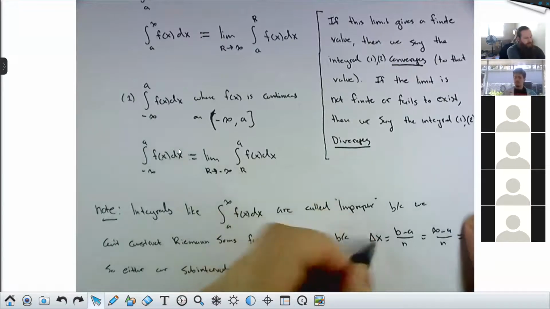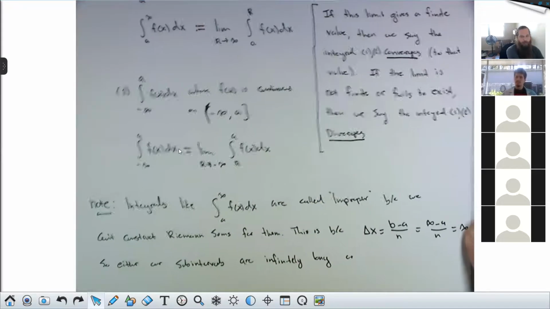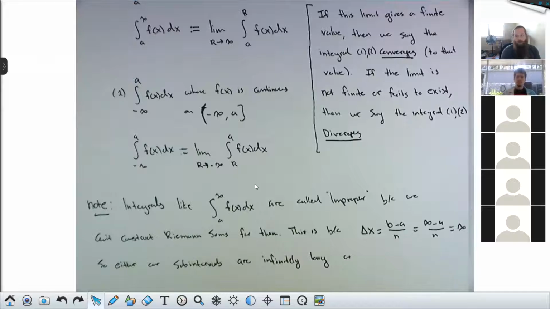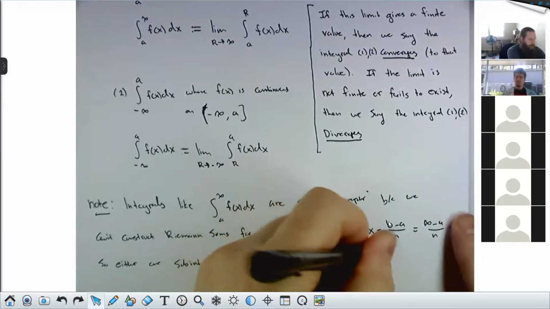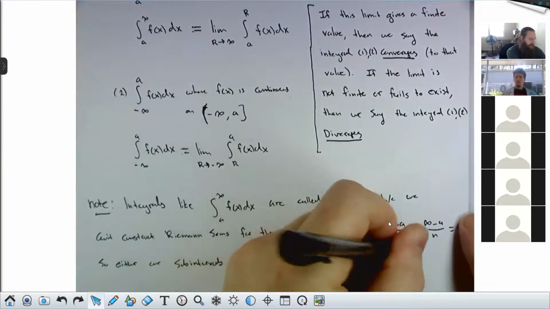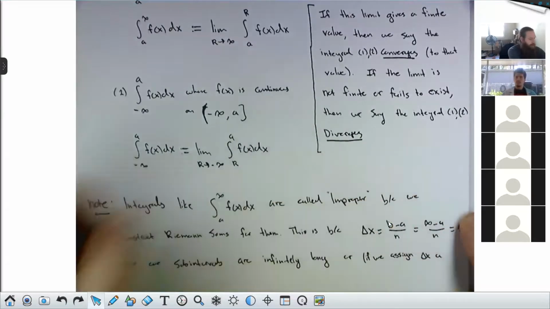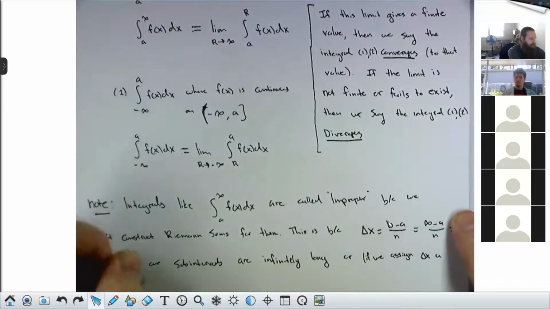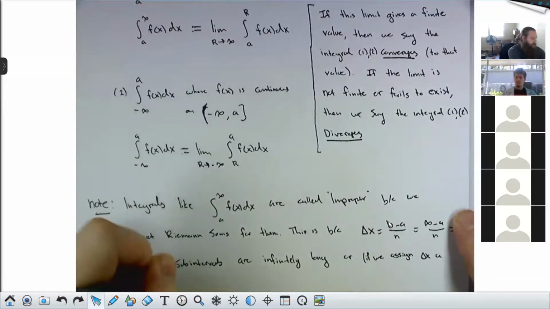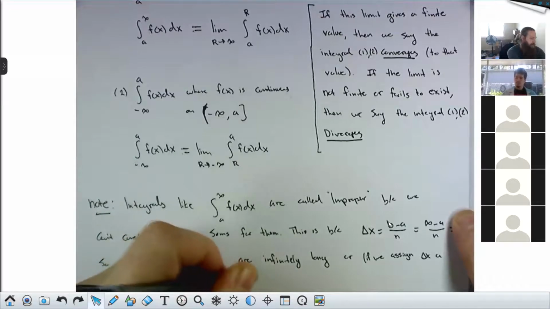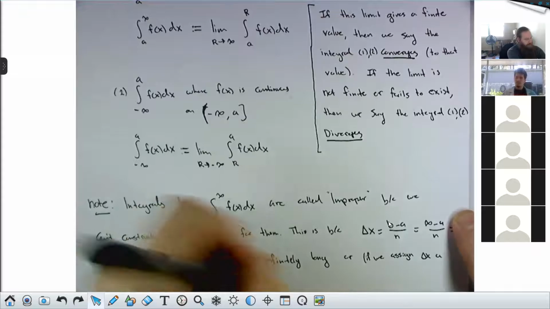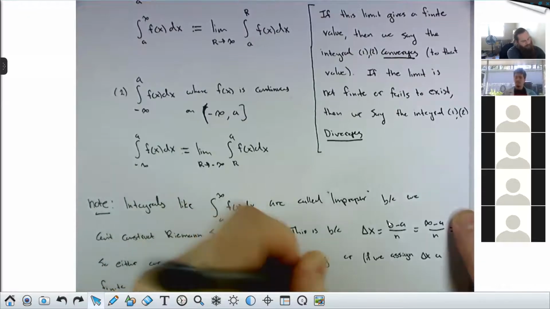Or if we force delta x to be finite somehow, like say I'm just going to take delta x to be 1, throwing out this formula from Calc 1 and saying instead I'll just have all my subintervals be length 1, even if you do that, or if we assign delta x a finite value, there will be infinitely many subintervals.